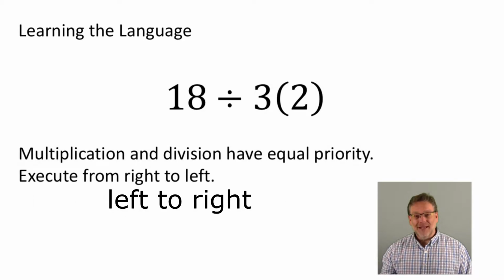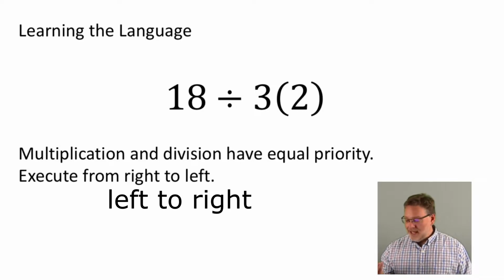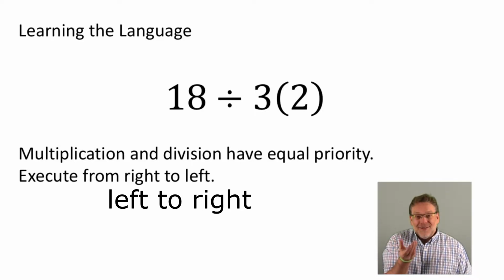Something else to keep in mind here. In the next one, I'm showing you 18 divided by 3 times 2. Now, in our previous one, we found that multiplication was before subtraction. And we actually described the fact that we sometimes compact two numbers together if they're being multiplied as a way of describing the fact that this is done first.